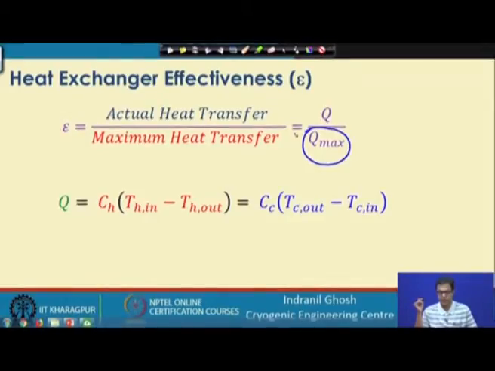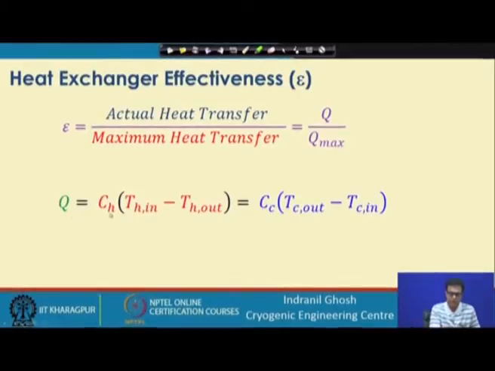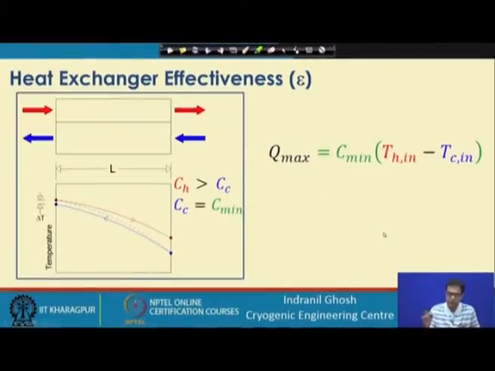We can estimate this, and this is an ideal situation, like that of a heat exchanger of infinite length. Already we have looked into the heat transfer that is actually taking place, and now we will look into the maximum heat that can be transferred.